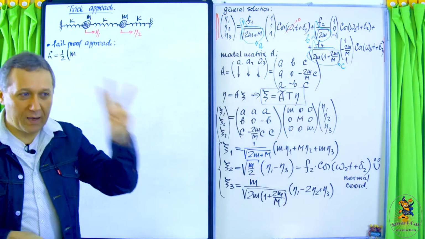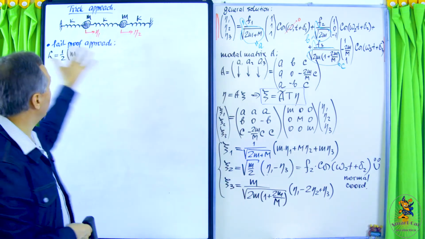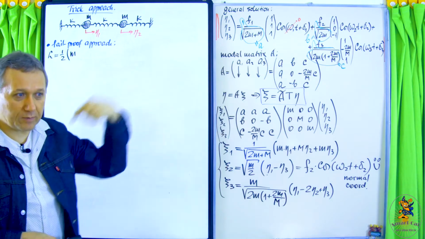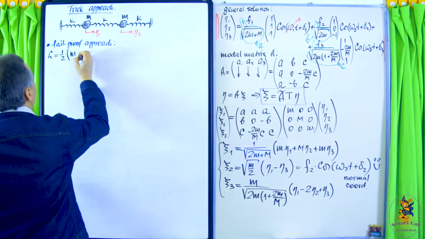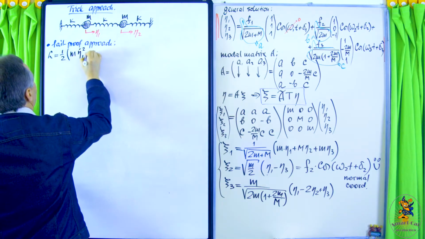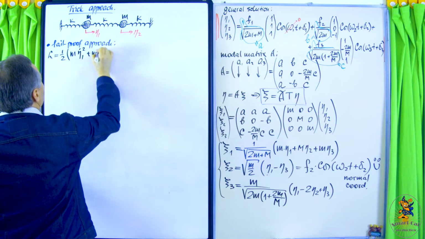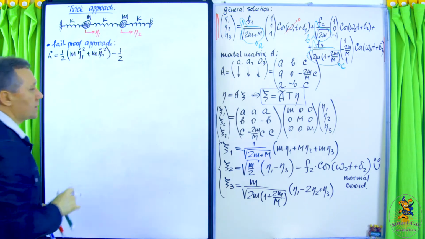There we had 3 masses, now we have 2 masses. There we had 2 springs, and now we have 3 springs. So it will be m eta 1 dot squared plus m eta 2 dot squared, then minus, again, 1 over 2 I will keep outside.